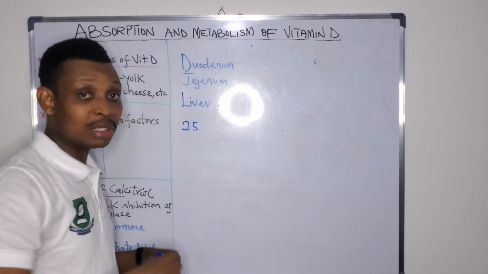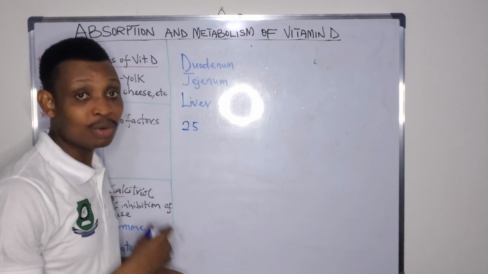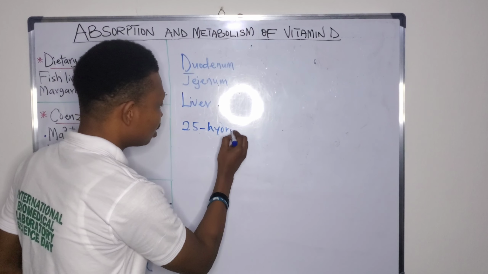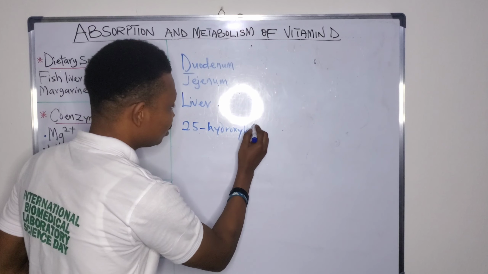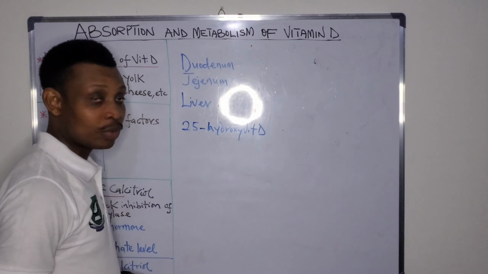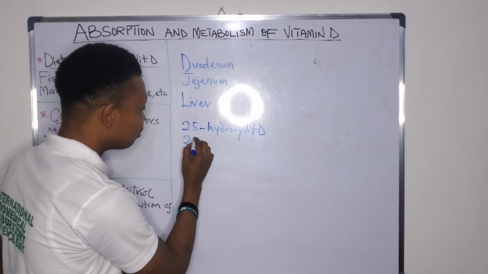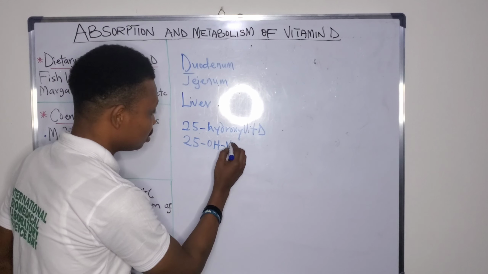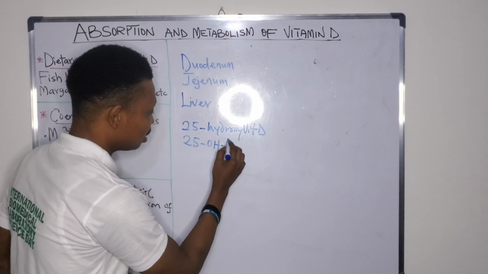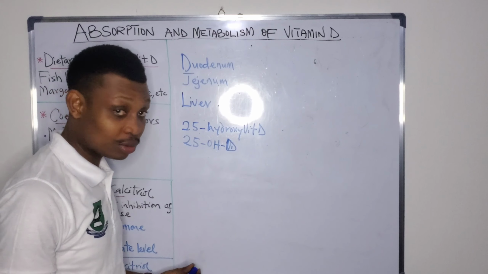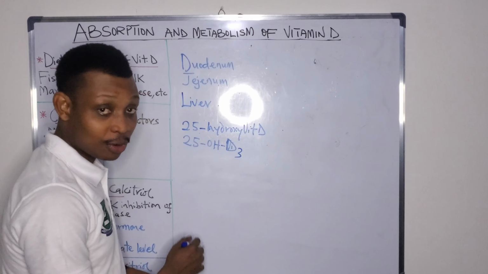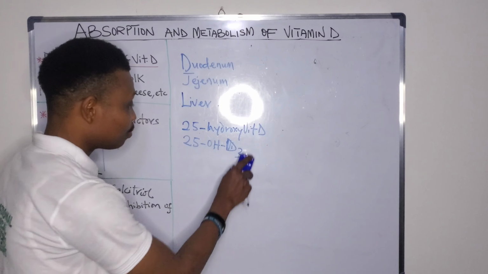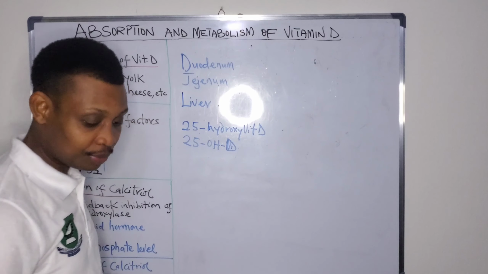That hydroxylation will result in 25-hydroxy vitamin D. This can also be written as 25-hydroxy vitamin D. Often it is written in this form, but because it can be vitamin D2 or vitamin D3, let's leave it at this.